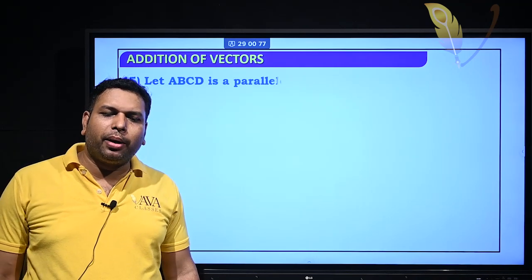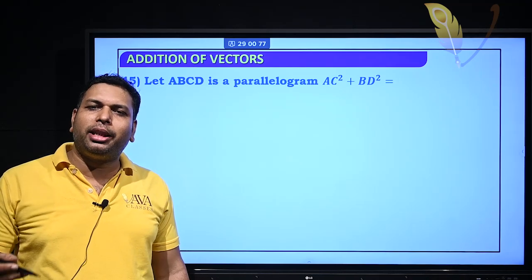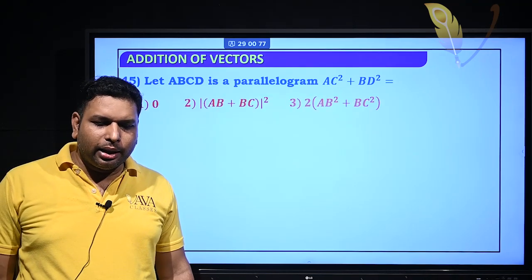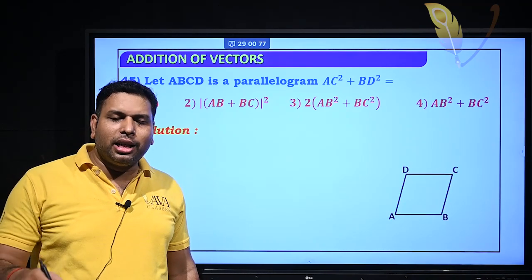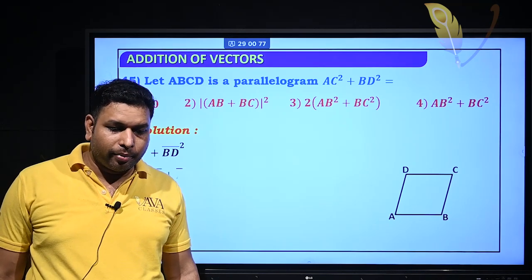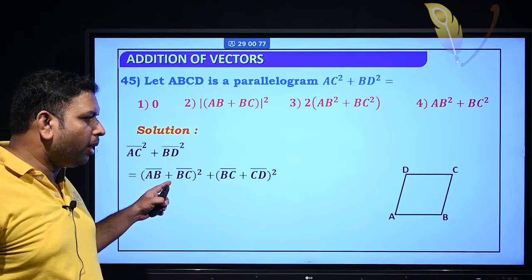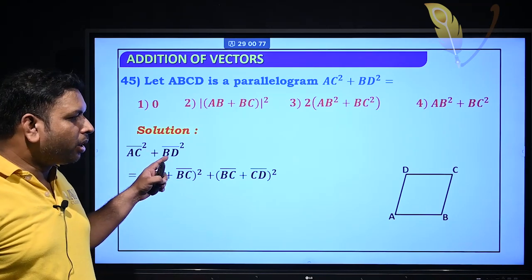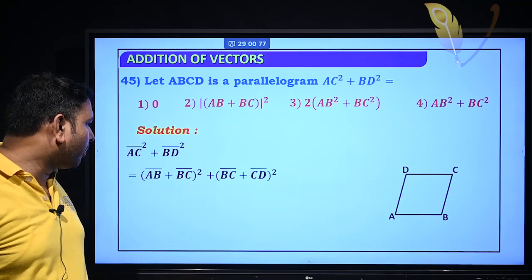Now question number 45. Let ABCD be a parallelogram, AC square plus BD square equal to... These are the options. Now solution. ABCD is a parallelogram, so AC square plus BD square equal to, AC is AB plus BC, so (AB plus BC) whole square plus BD is BC plus CD, whole square.